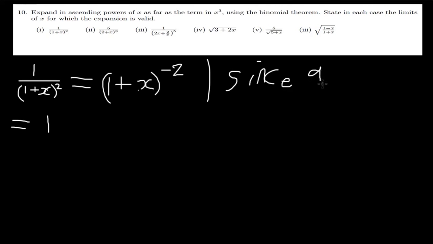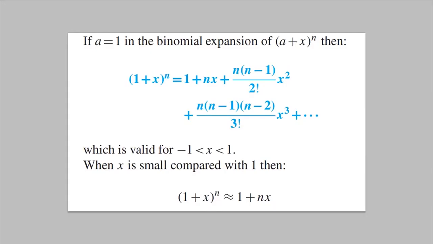So now, since a is equal to 1, my first term when expanding this is going to be 1, and then I'll write plus, and then the next one will be n. So it's 1 plus nx plus that. This is the format I'm going to be following.